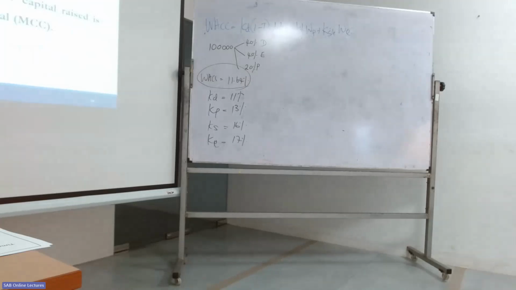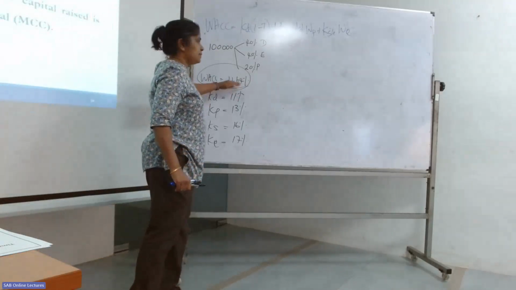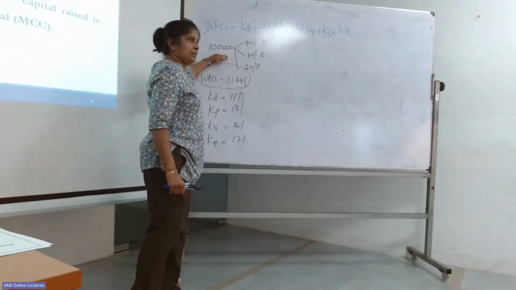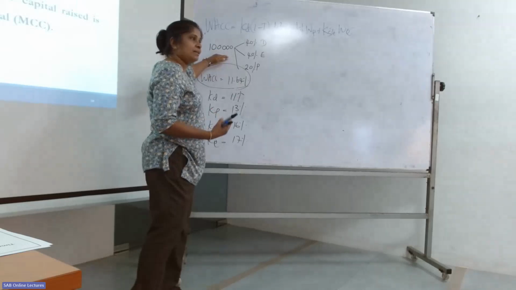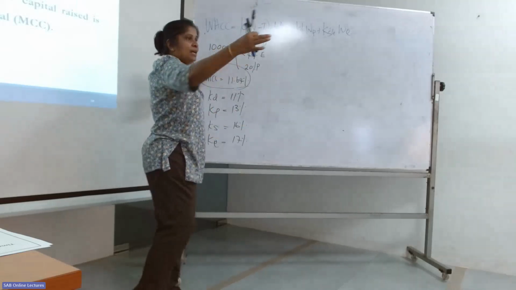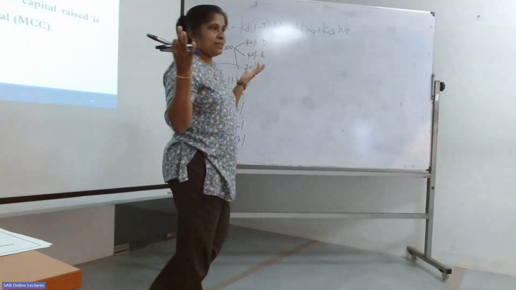So simply, MCC means that now the total capital is up to 100,000 at this cost of capital. If this company wants to increase their total capital from 100,000 to 150,000, how much additional do they have to raise? 50,000.